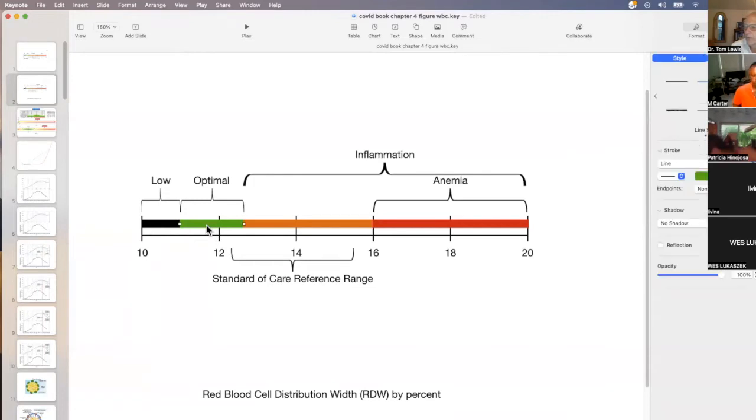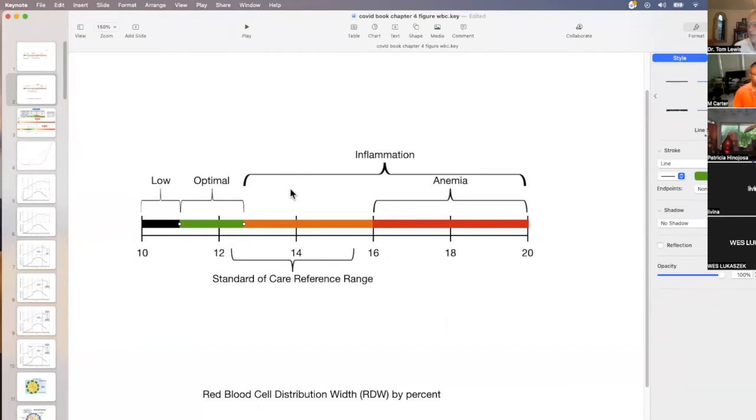Then we have an optimal zone between 11 and 12.5. Then we have an inflammatory zone between 12.5 and 16. And then we have the iron deficiency anemia zone, where your red blood cells really explode in size. Even though I indicate that inflammation overlaps with that, if it's 16, 18, or 20, you definitely have an iron deficiency issue.